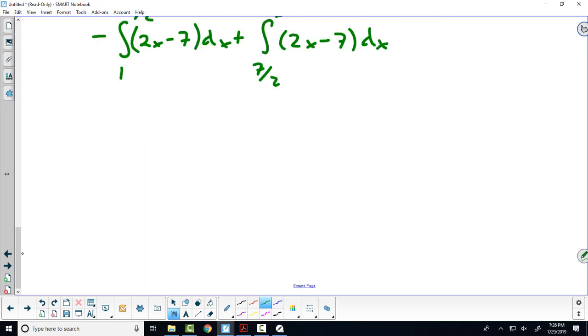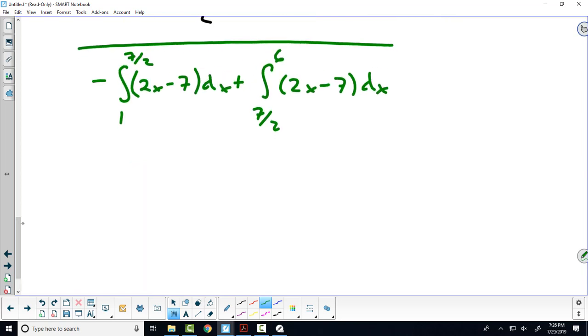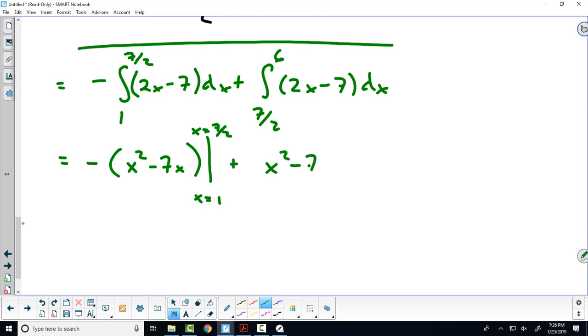And let's just check our answer with the fundamental theorem. So this would be equal to x squared minus 7x evaluated from x equals 1 to x equals 7/2 plus x squared minus 7x evaluated from x equals 1 to x equals 7/2.